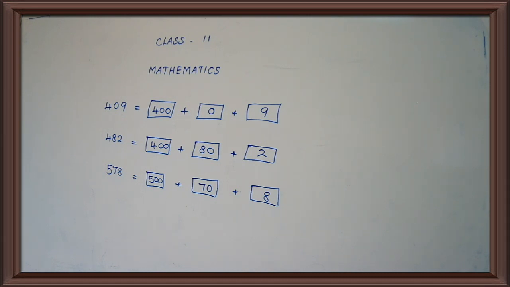Come to the next one. Ones place is 0. Then tens place 20. 100 place 900. Then come to the P question. The ones place is 5.